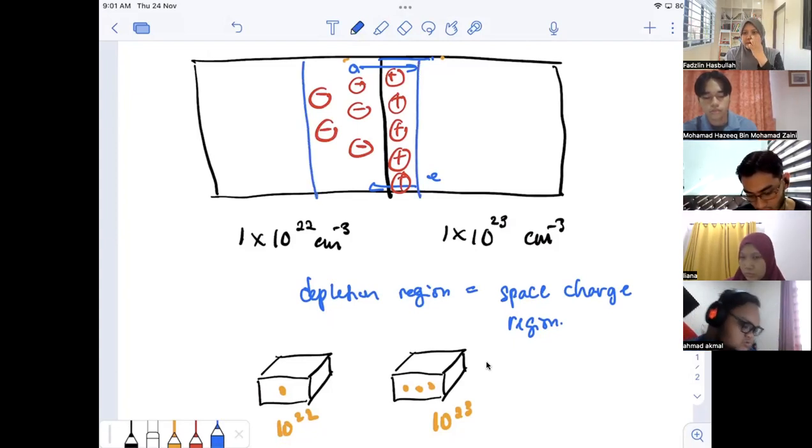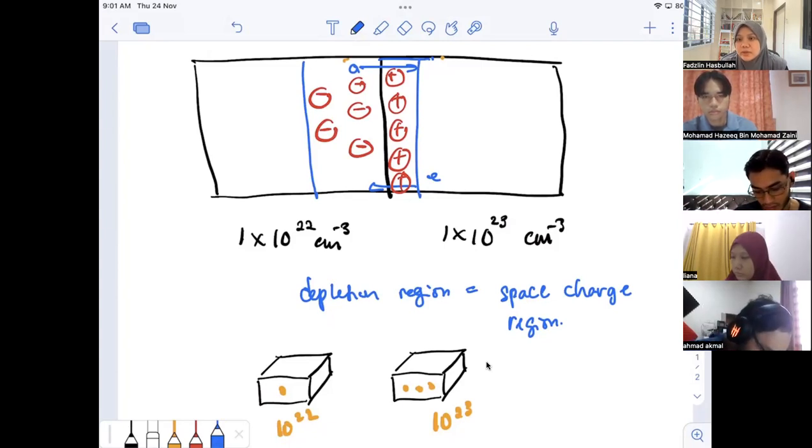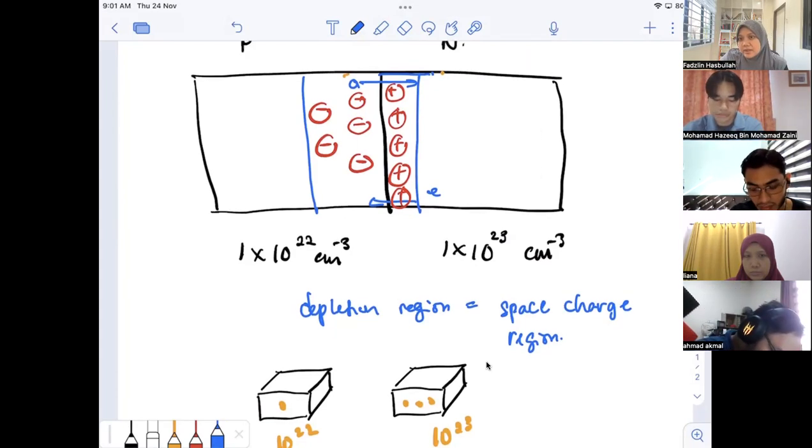Okay. You understand? So the total number of charge on each side, when it's in thermal equilibrium, like Afia was saying, must be equal. The depletion region is a special region where it has to have the same total number of charge on the P and the N. It must be the same, otherwise it will not become a depletion region, it is not stable.